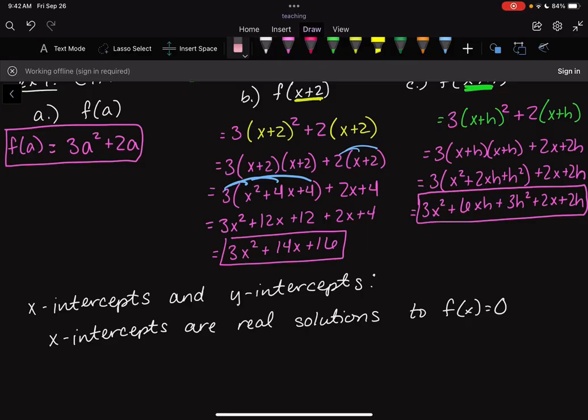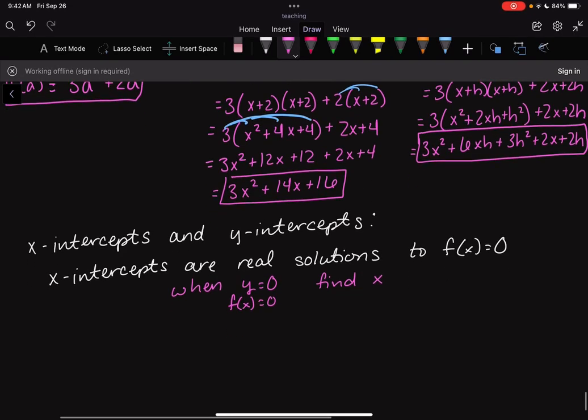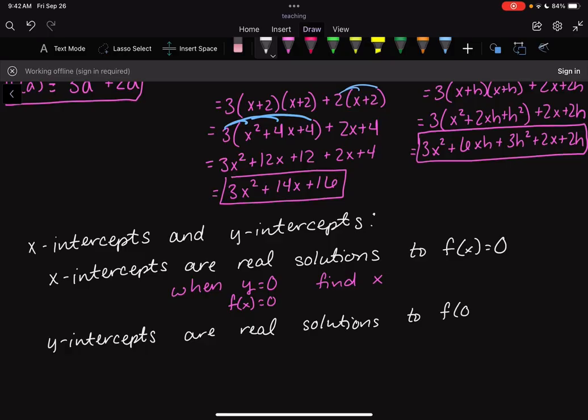So what's happening here is when my y equals 0 or my f of x equals 0, I would have to find the x that makes that happen. Now y-intercepts are real solutions to f of 0. So for this one, you're plugging in a 0 for your x.